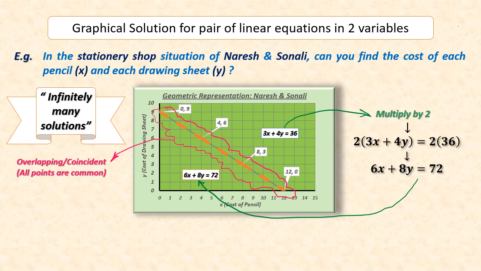For instance, we see that any point on the line gives us a possible cost of each pencil and drawing sheet. For instance, each pencil and drawing sheet can cost Rs 2 and Rs 7.50, respectively. Or, each pencil can cost Rs 6 and drawing sheet can cost Rs 4.50, and so on.